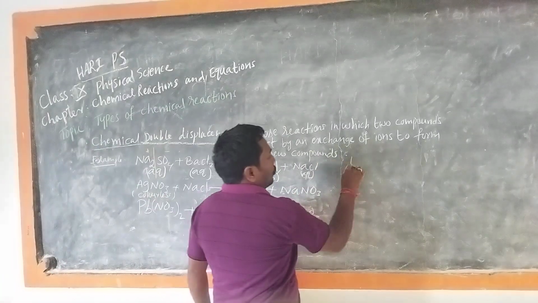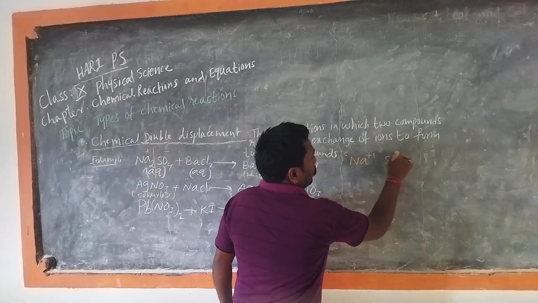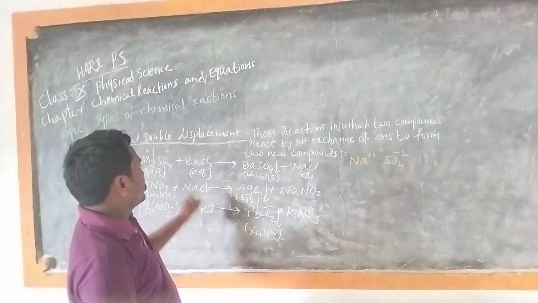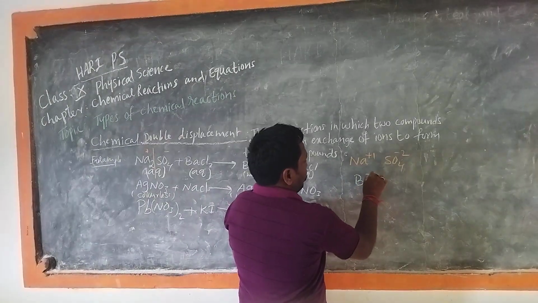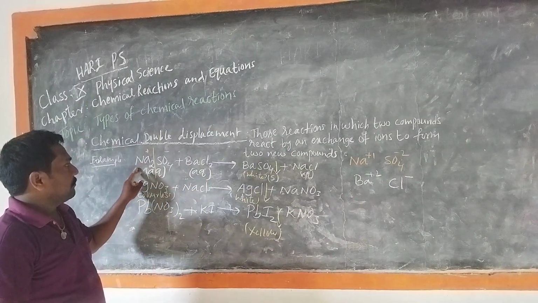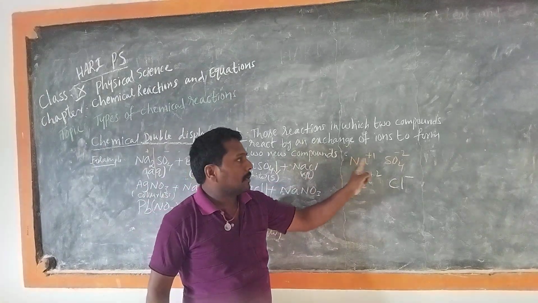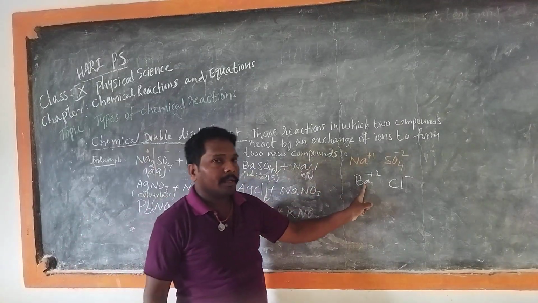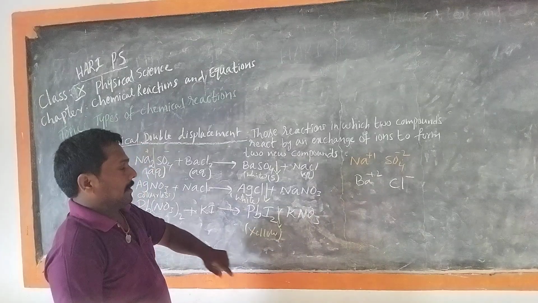We know Na is plus 1, SO4 is minus 2. Then similarly barium chloride: barium plus 2, chlorine minus. So sodium sulfate is formed by the combination of sodium cation and sulfate anion. Barium chloride is formed from barium cation and chloride anion.